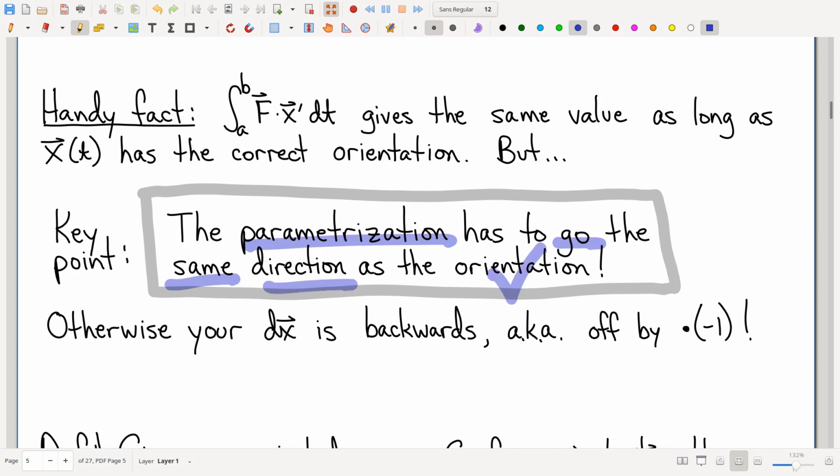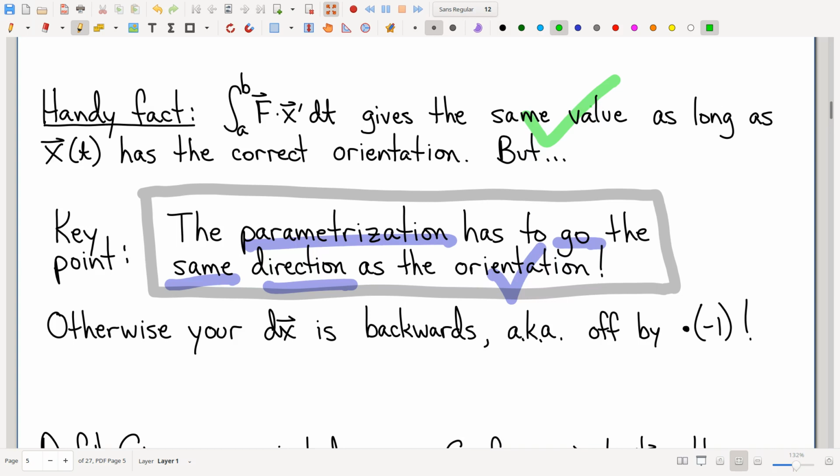Keeping in mind, we're not parameterizing a curve. We're parameterizing an oriented curve. So your parameterization has to go the same way. It has to go the indicated direction for our oriented curve. And other than that, doesn't matter. As long as your parameterization has the right orientation, use any parameterization you want, all good. You get the same answer no matter what.